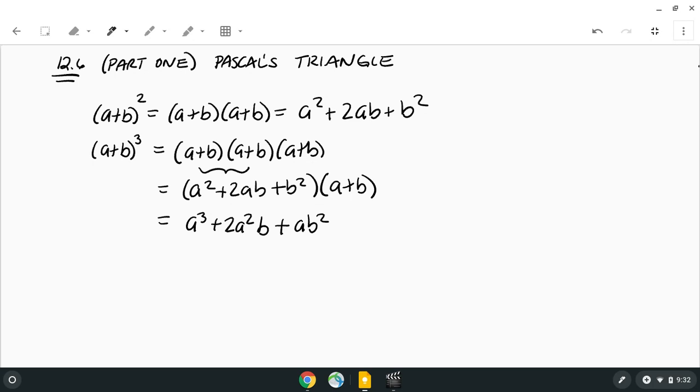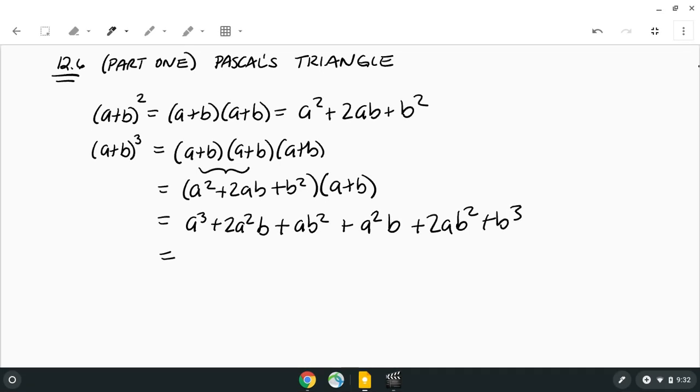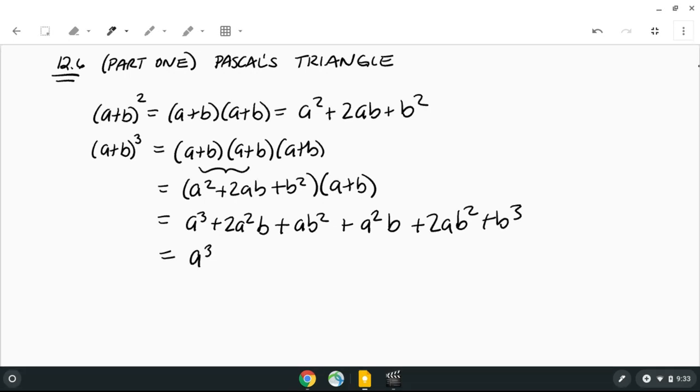Now I'm going to distribute the b, so I'm going to multiply all three of these terms by b. So I will get plus a squared b plus 2ab squared plus b cubed. Okay, and let's go ahead and combine like terms. I only have one a cubed.